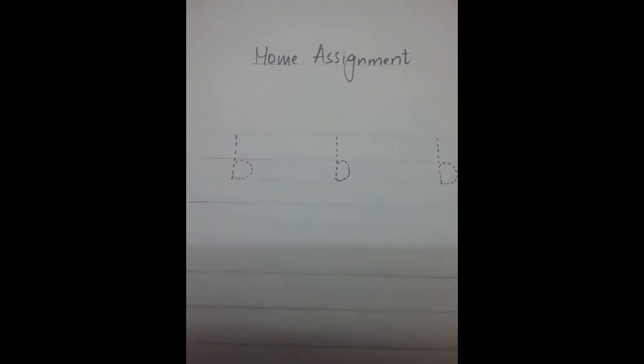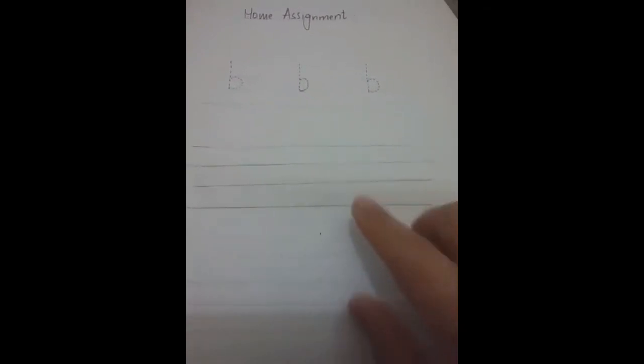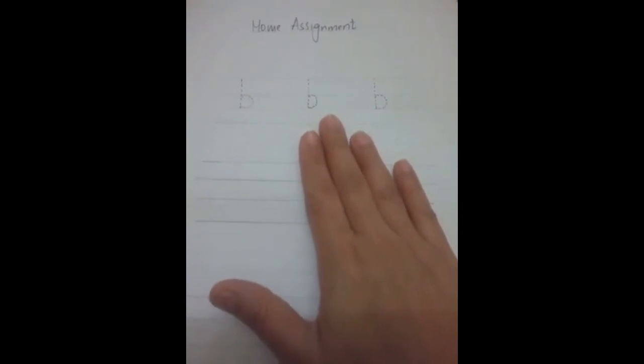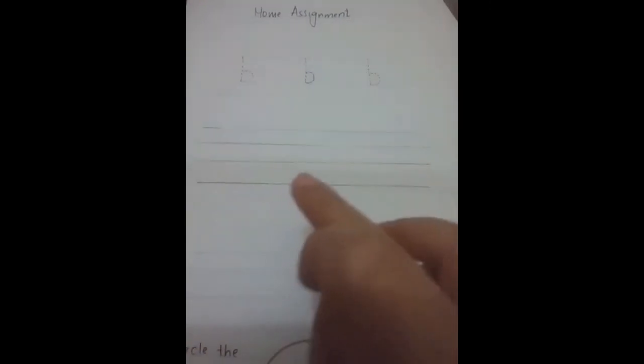Okay, students, this is your home task, your home assignment. Okay, you will do this letter and I will ask about this in the next lecture. Okay, respected parents, you will prepare a sheet for this work, for this letter. First, you will prepare this line pattern for tracing, and then here the student will write this letter independently.